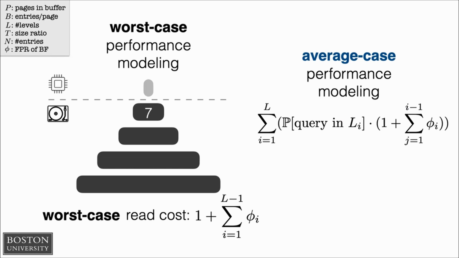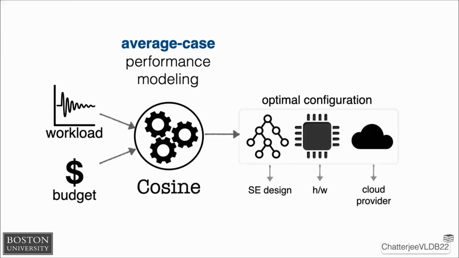So that type of work will be presented, I guess, later at VLDB, but actually by 2 separate papers. Essentially, one of those is using average case performance modeling to perform a more fine-grained optimization that allows us to make real decisions about budget on the cloud.